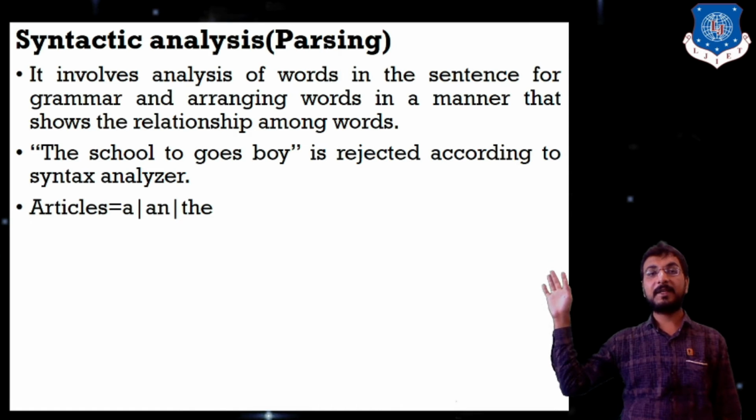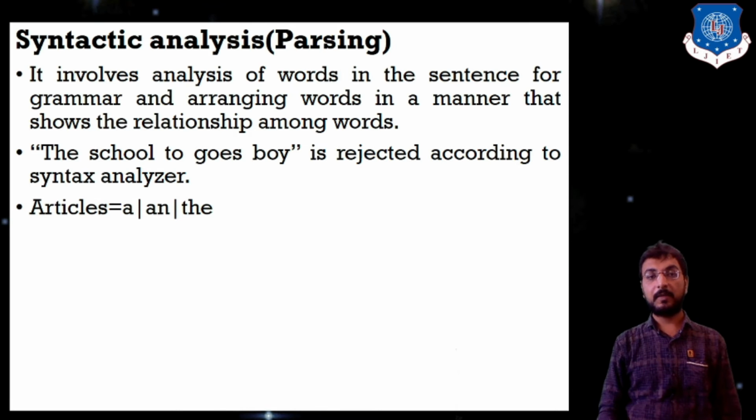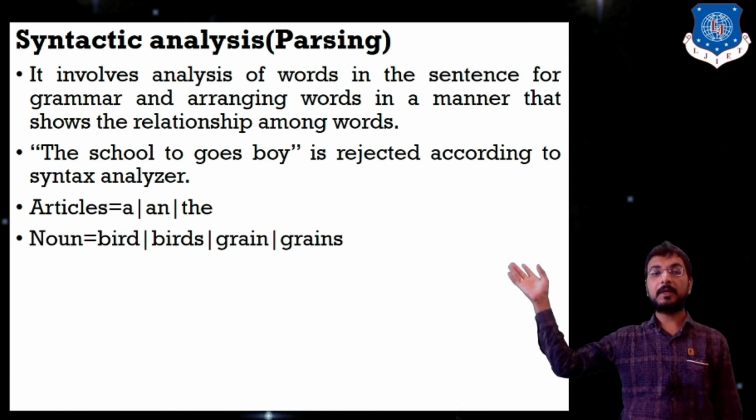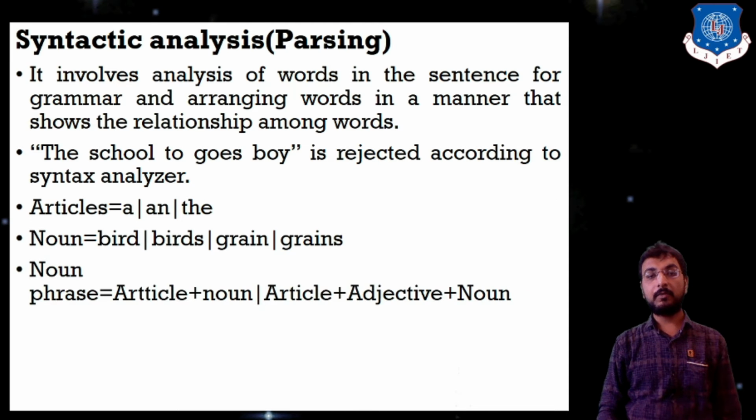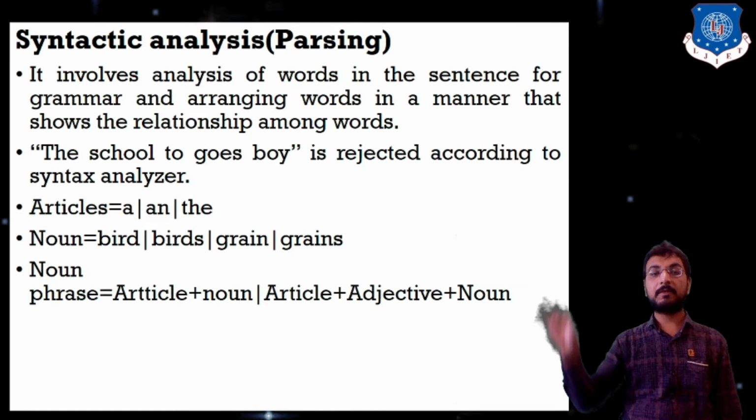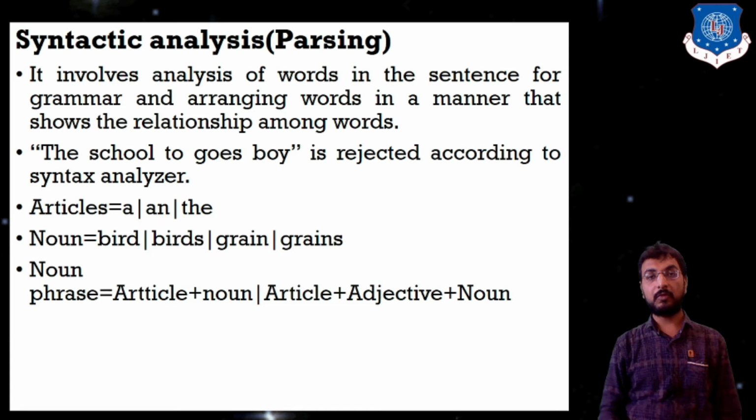Let's say article is equal to a, an or the; noun is equal to, let's say, bird, birds, grain and grains. Noun phrase is equal to article plus noun, or article plus adjective plus noun. For example, a tall boy is one noun phrase, and a boy is also one noun phrase.